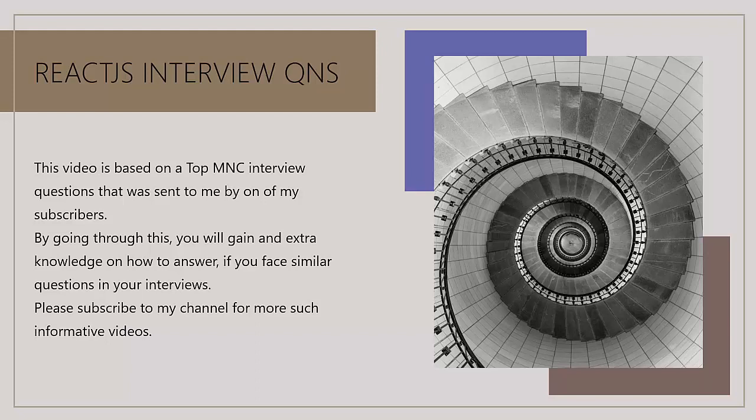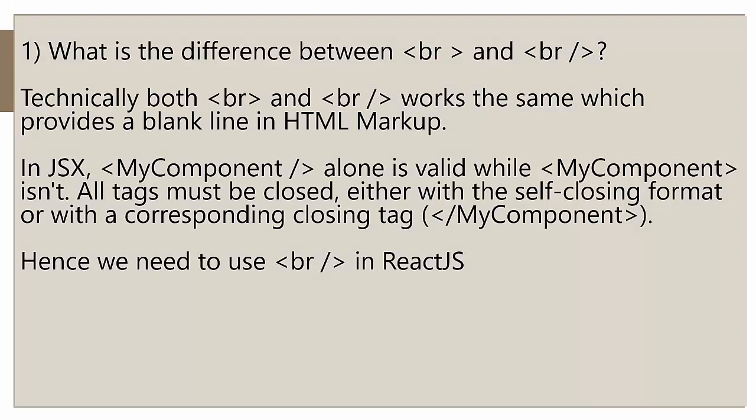First question, what is the difference between a BR tag and a BR with a slash tag? Technically, both BR and BR slash tags work the same, which provides a blank line in HTML markup. But in JSX, my component slash, as you can see, alone is valid while my component without a slash is invalid.